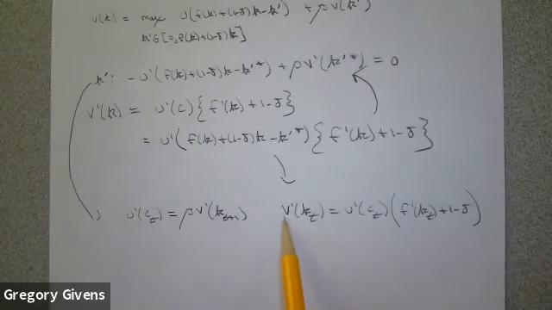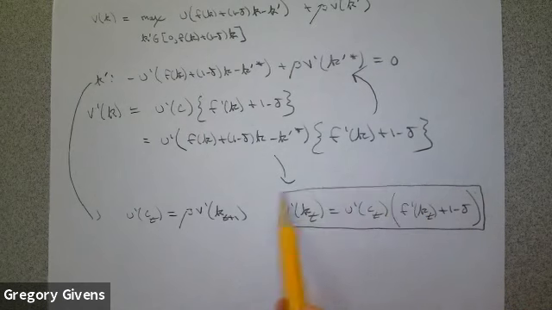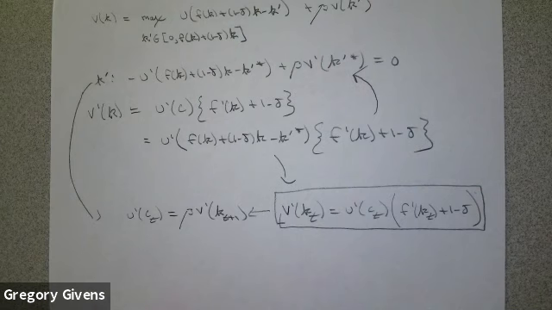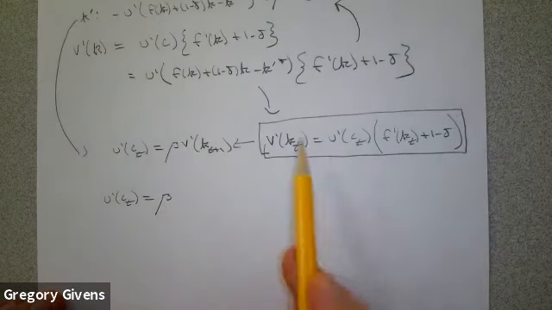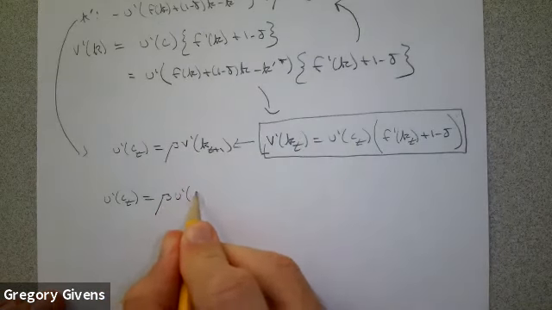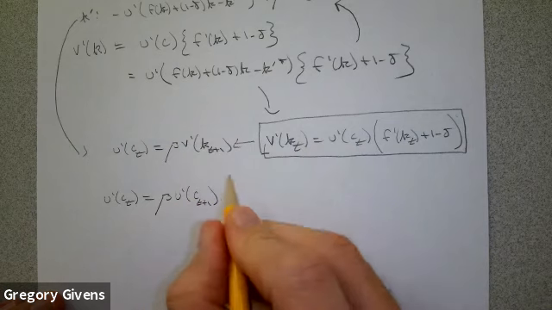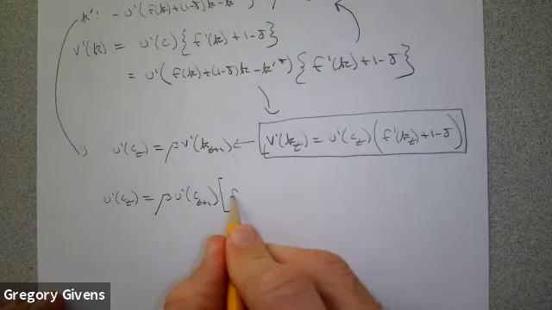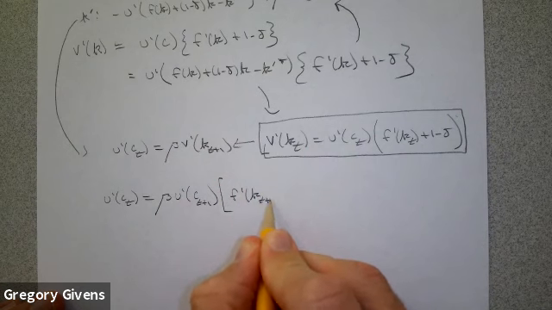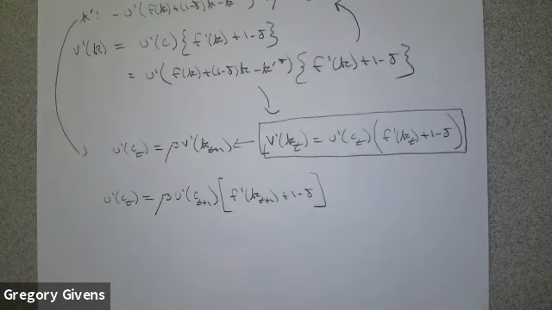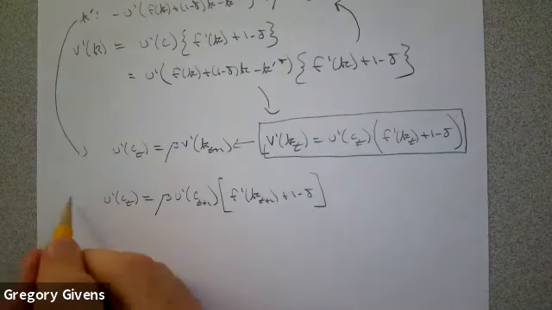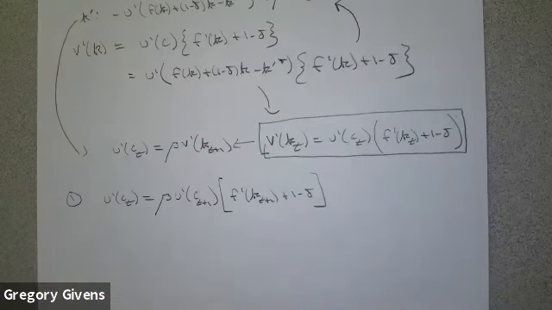So I update the envelope condition one period and shove it into the first order condition. And what do I get? I get u prime of c_t is equal to beta times u prime of c_t plus 1 times f prime of k_t plus 1 plus 1 minus delta. That is the intertemporal Euler equation. That's key equation number 1.